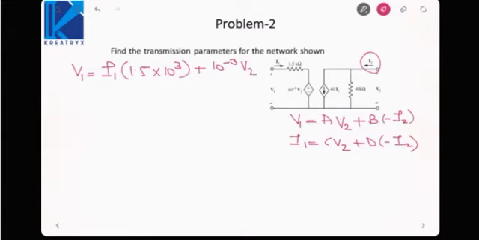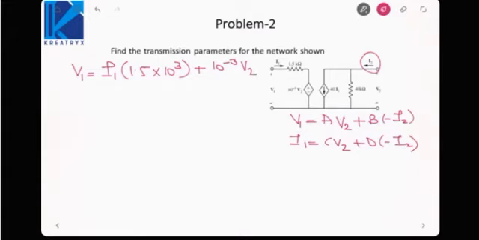Now if you solve these equations, that means if we want to find out A and B, then we need the relationship between V1, V2 and I2. So we have to eliminate I1. So find the value of I1 from here. I1 is actually (V1 minus 10 raised power minus 3 V2) divided by 1.5 into 10 raised power 3. This value can be substituted in the second equation.